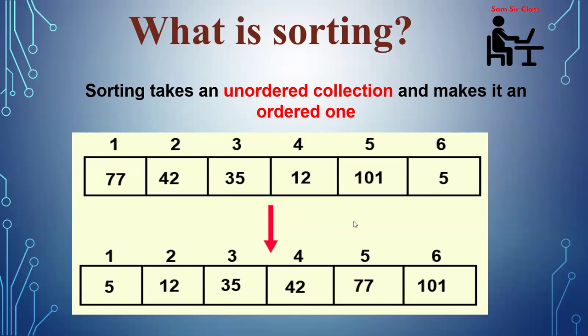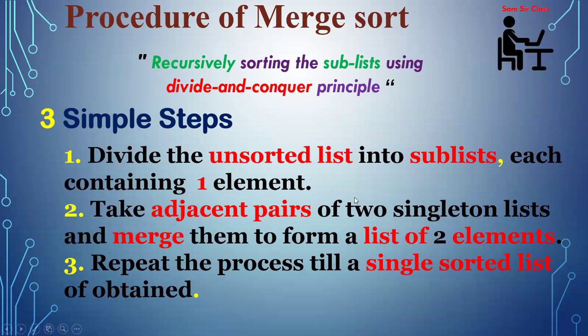step by step. Now, if you want to technically understand the theoretical concept of merge sort, it follows the principle of divide and conquer. In the last video on quicksort we discussed the meaning of divide and conquer.